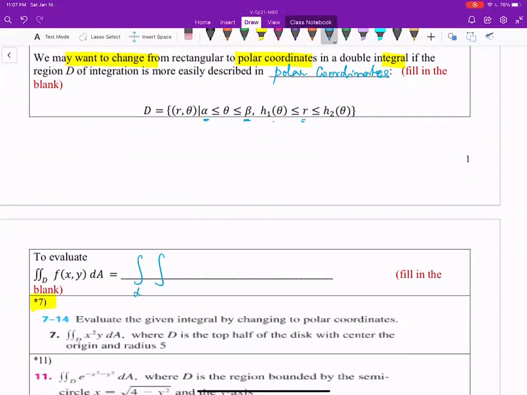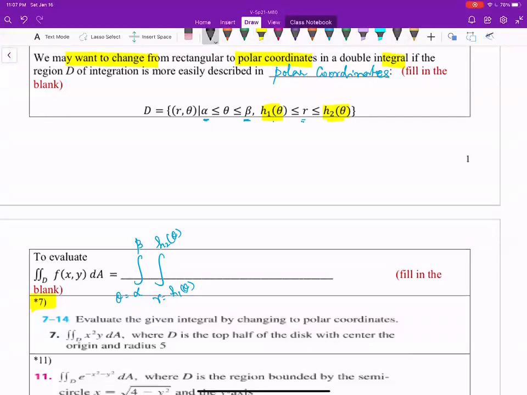It is from alpha to beta, that is the variation for theta, which has definite limits, whereas the variation for r would be from one polar curve to another polar curve, from h1 of theta to h2 of theta, which you see here.